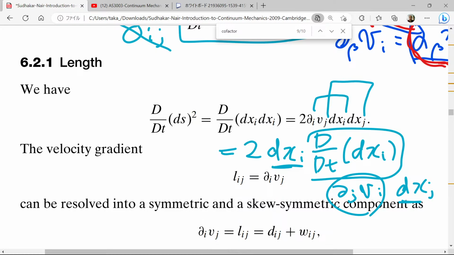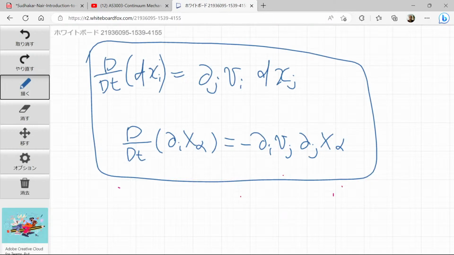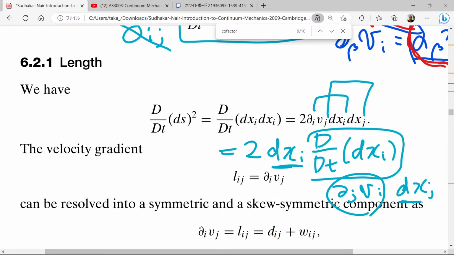So we just have to accept this magic part. This partial alpha was replaced to j to d. Then we can obtain this one.